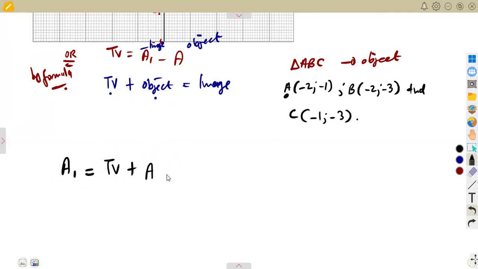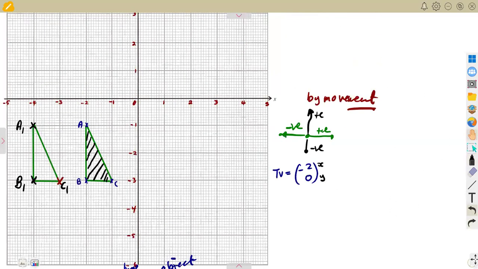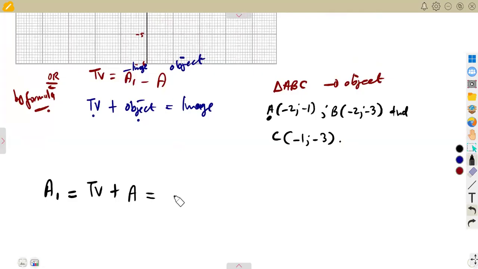The translation vector, what is it? Remember, our translation vector is minus 2, 0. So given the translation vector of minus 2, 0, I'm going to add the point A. I'm just going to write it as a vector. It's a point, remember the point x, y, so I'm going to add this minus 2, minus 1.